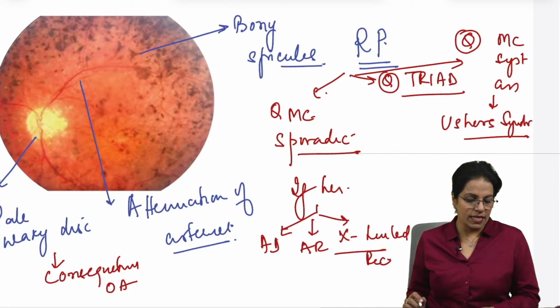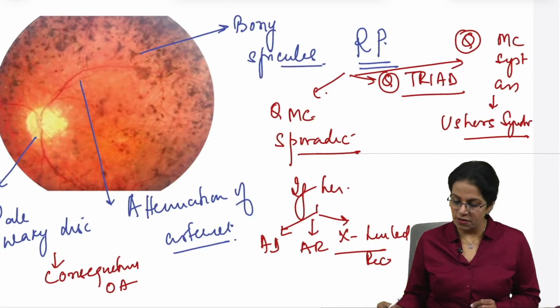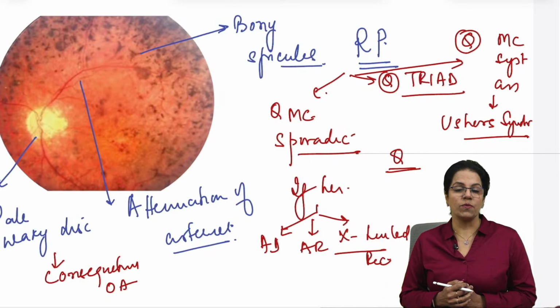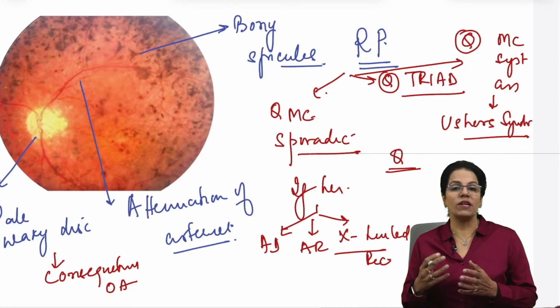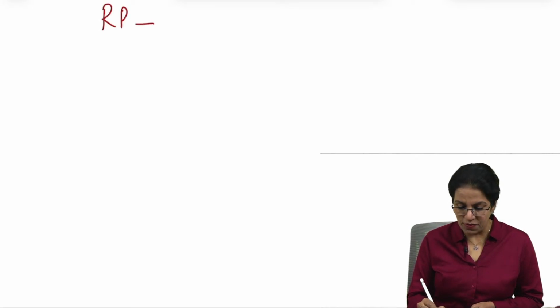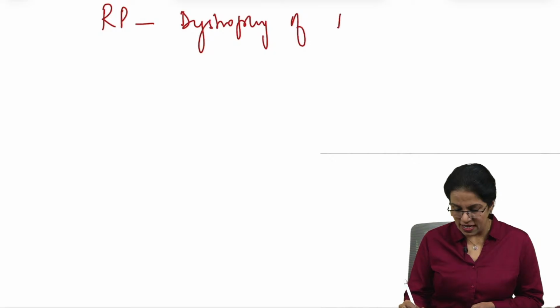What is the next thing? Can you think of any other question? The role of docosahexaenoic acid was asked once. Docosahexaenoic acid is a component of rods. As you know, retinitis pigmentosa is a dystrophy of rods and cones, but mainly it is the rods which are involved.